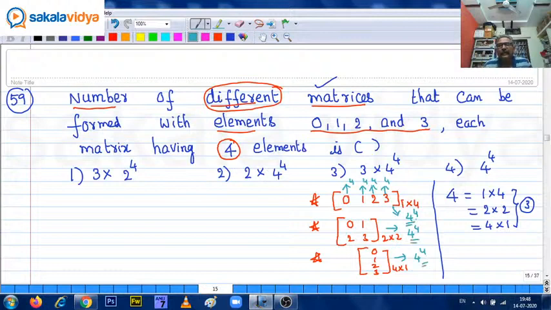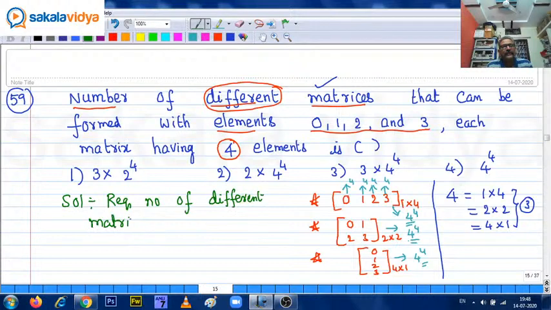So 4 to the power of 4 plus 4 to the power of 4 plus 4 to the power of 4 equals 3 times 4 to the power of 4. So the required number of different matrices, meaning different types of matrices, equals 4 to the power of 4 plus 4 to the power of 4 plus 4 to the power of 4.